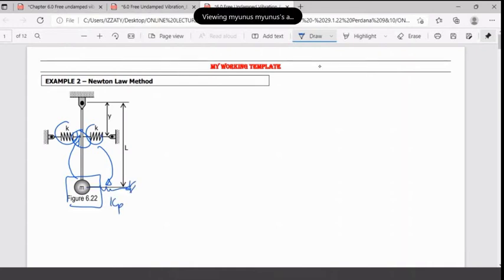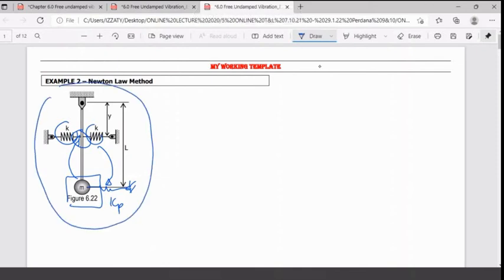Okay, if I simplify the whole system to become a very simple one, you have as such. This one is no longer mass. You don't have mass anymore here. You have KP. Put only one spring.